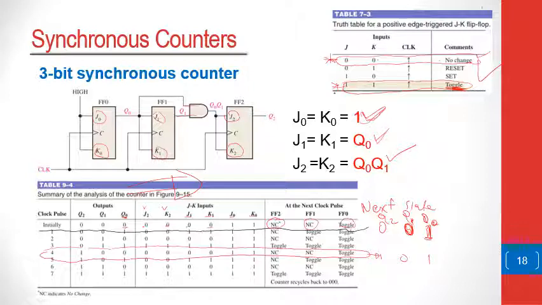So you can analyze the synchronous counters from left to right by looking at the outputs in the current state, how the outputs affect the inputs of the flip-flop, how the inputs of the flip-flop then affect the transition of the flip-flops, and what the transition will give you as the next state.